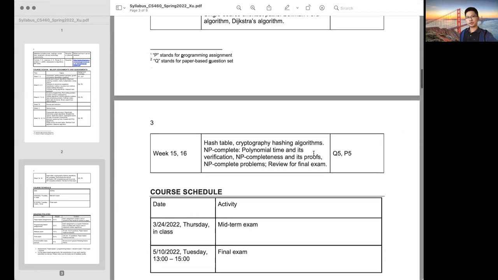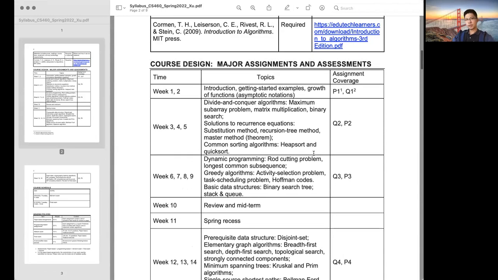So for the question sets and the programming Jupyter notebooks, I usually upload them after the class. It usually is after Thursday's class, when we start, for example, divide and conquer.